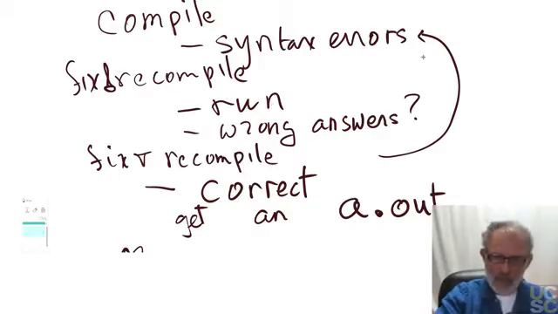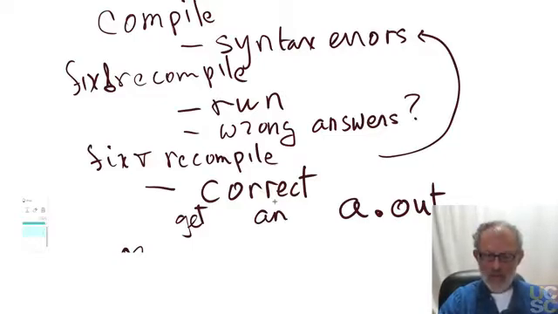If we get wrong answers, we go back here, fix, recompile, run, and then finally we should get a behavior we like. That's correct. And then in the GNU compiler, you'll see an output file automatically show up, which is your runtime executable code. You can think of that as machine code. And that file is by default a.out.